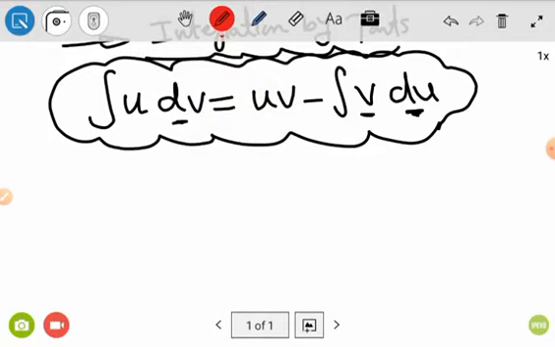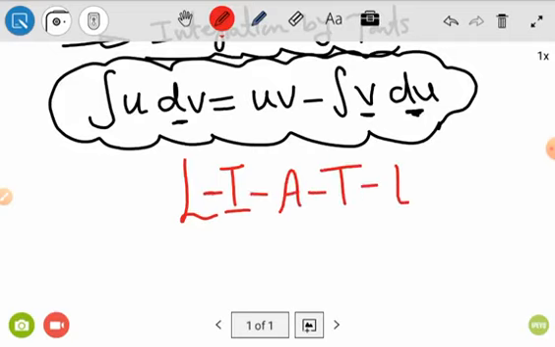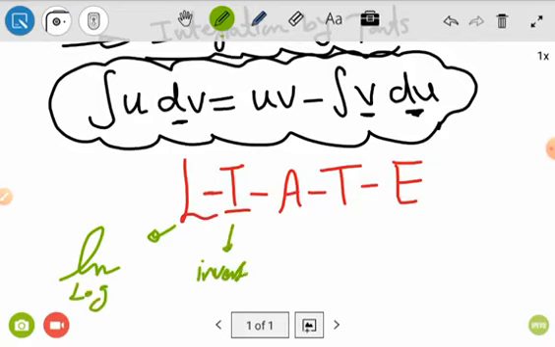It will be easy for you to use this word, which is LIATE, L-I-A-T-E. L stands for logarithms, I stands for inverses, like tan inverse, sine inverse, and so on.